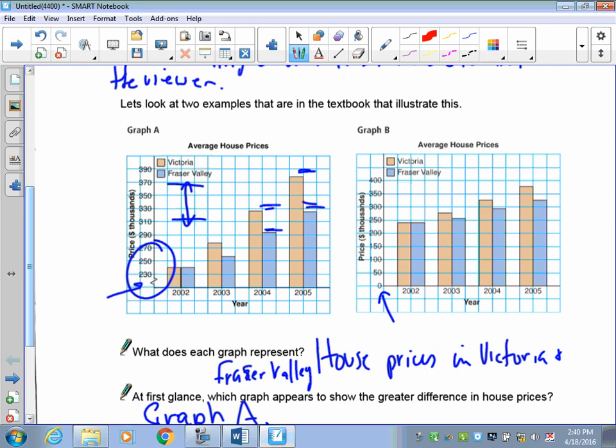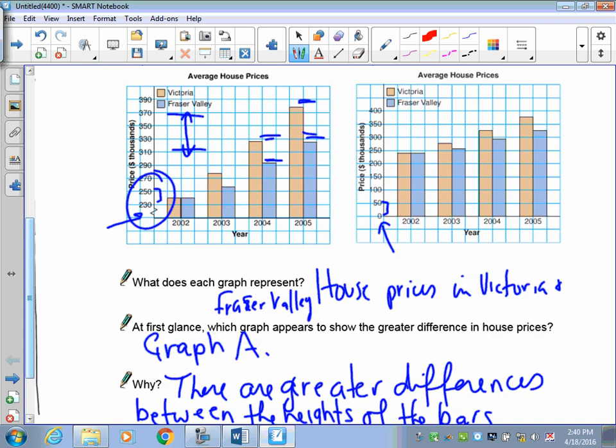If you take a look at one single block here to here, that's $50,000. You go over here, from here to here, that's $20,000. So this is a big difference. They've exaggerated the scale by making the scale they put on the graph larger.